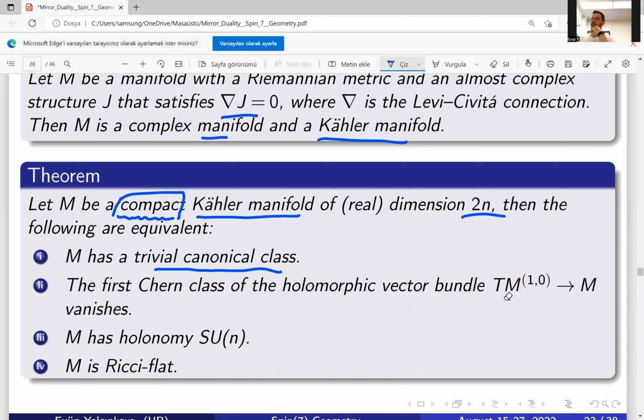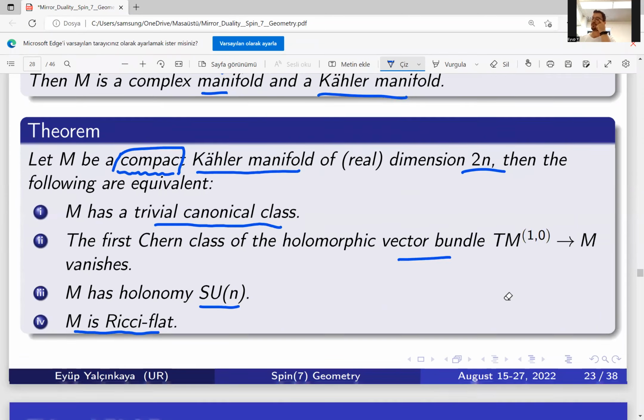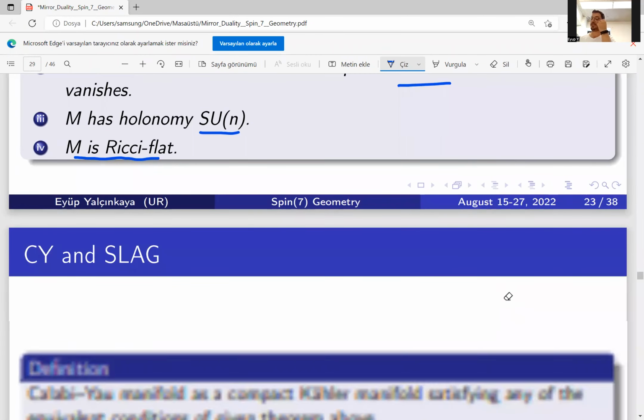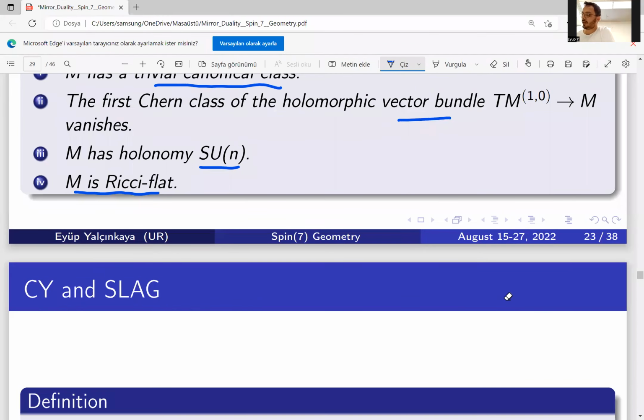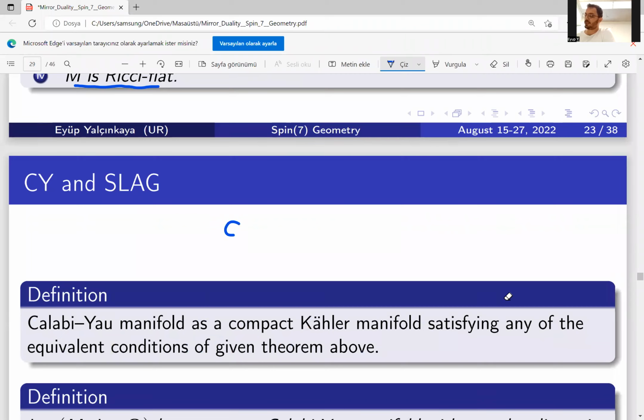Or the first Chern class of a holomorphic vector bundle on M vanishes, or your holonomy is SU(n) directly, a reduced holonomy, or another equivalent, M can be Ricci flat. All of them are equivalent to each other, okay? And if one situation is satisfied, we can say that we are living in a Calabi-Yau manifold. So here we can put in some extra condition.